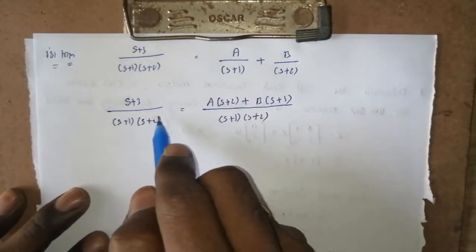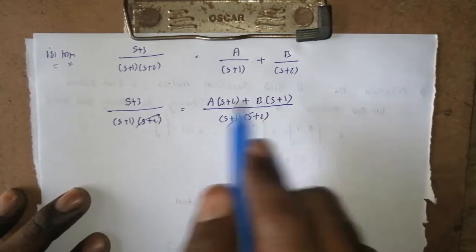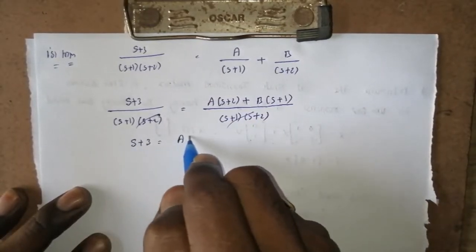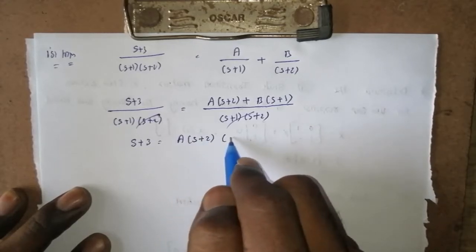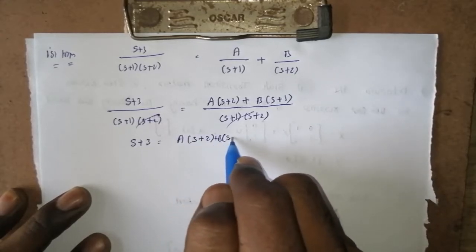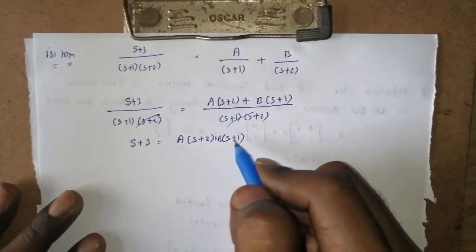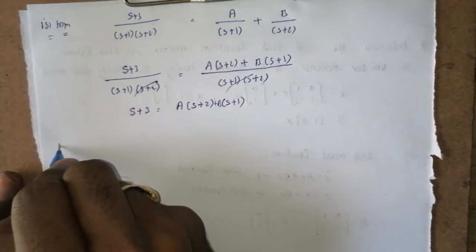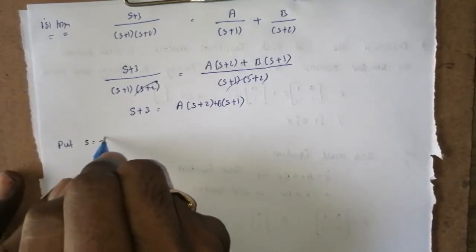Here both denominators have the same factors, right? So we can cancel them. Then you will get s+3 equals A(s+2) plus B(s+1). From this equation we have to find the A and B values. Now put s equals minus 1.